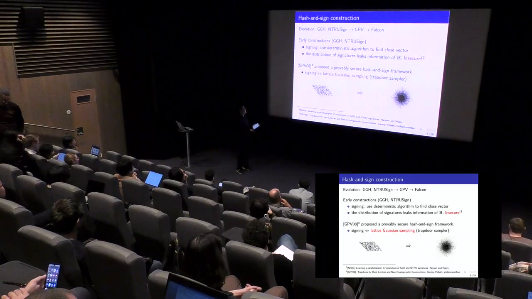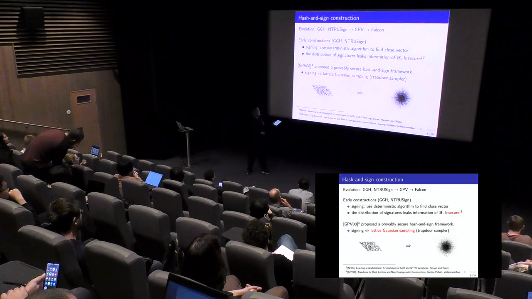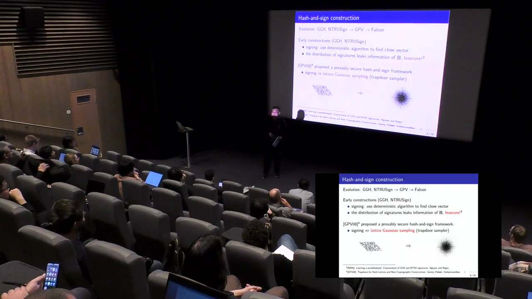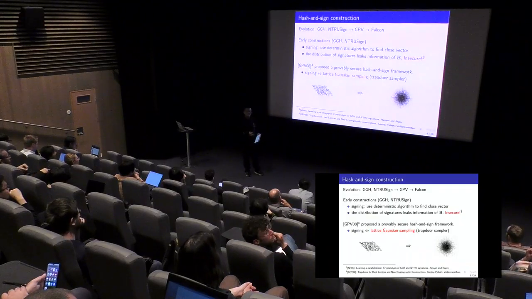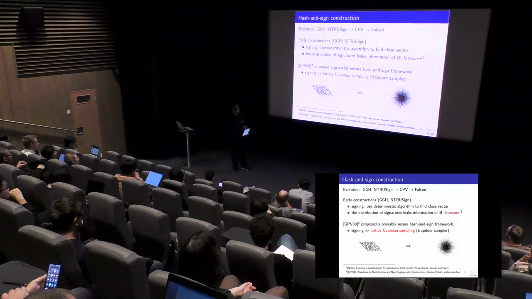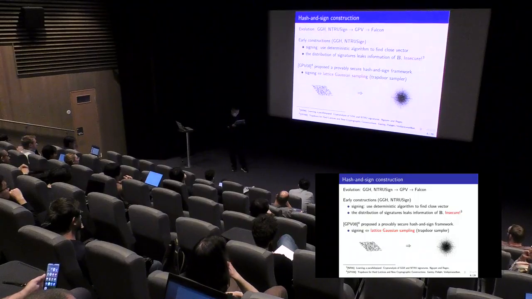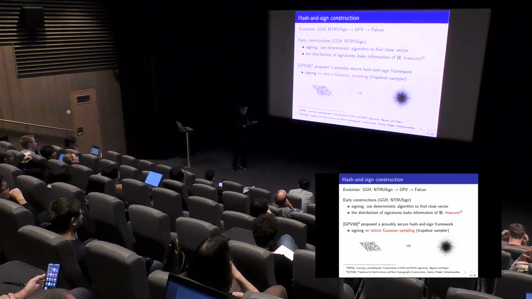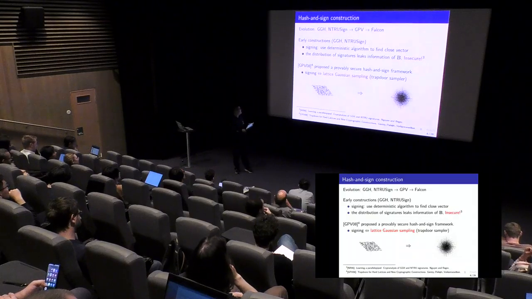So the distribution of the signatures leaks information about the basis B, which is quite insecure. And I think in 2006, Nguyen and Regev found an attack on this sort of signature. So in GPV08, the authors proposed a provably secure hash-and-sign framework, and the signing uses lattice Gaussian sampling to prevent the secret leakage.